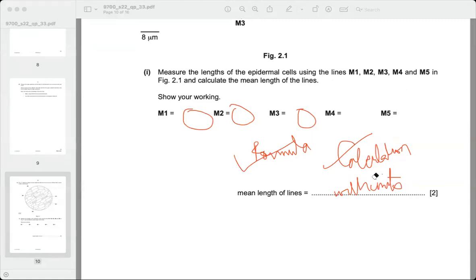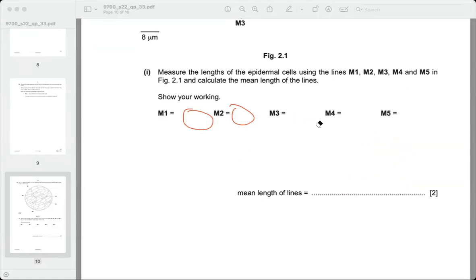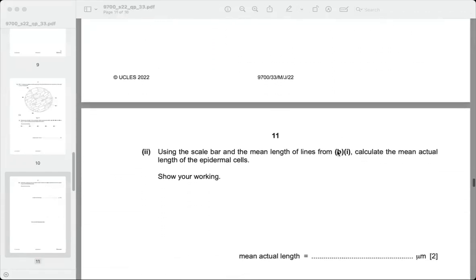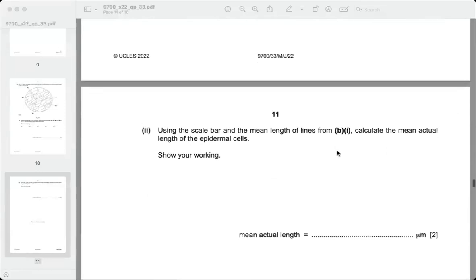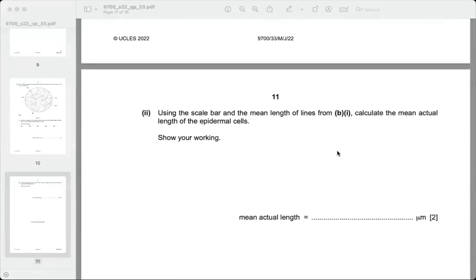Now let's move on to the next question. These are usually small questions when we move on to the B part. So for the B first part, which we just did, now for the B second part. The part B usually deals with either magnification questions, mean questions, or area questions.